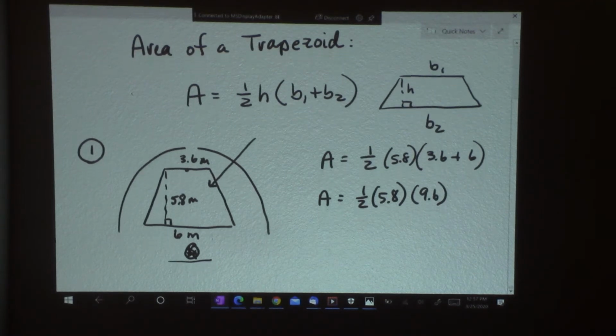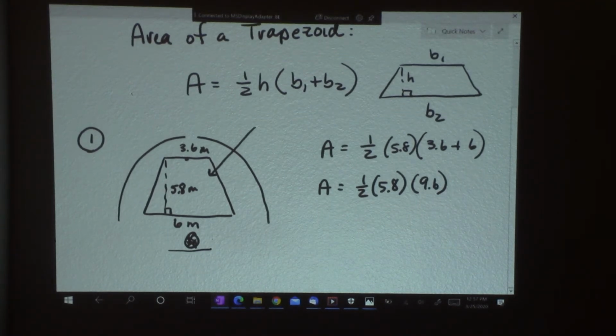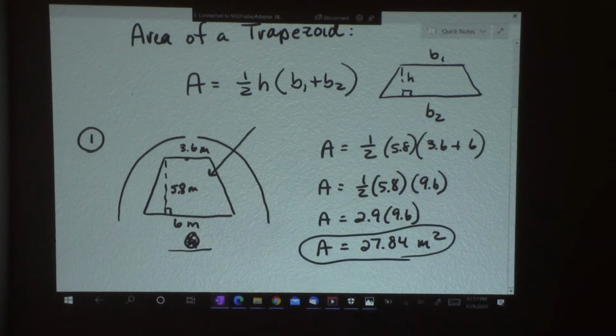And half of 5.8 is 2.9. And when I multiply those together, I end up getting 27.84 meters squared. So that is an example of using our formula for a trapezoid.